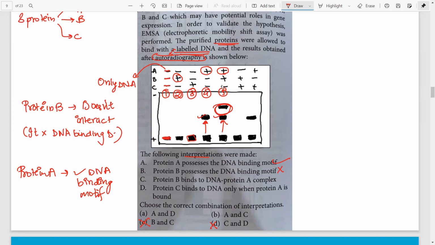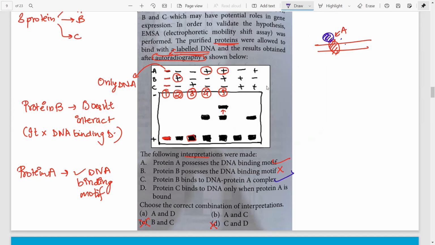So what we can say is when along with A you have B also present, the mobility has decreased further. Why may it be? See, this is the DNA, this was the protein A. Now, because you're getting another band with further reduced mobility, that means the DNA became more heavy. How can you explain this? Exactly. This protein B must now be binding to this protein A-DNA complex. Correct? So that is an option: protein B binds to the DNA-protein A complex.